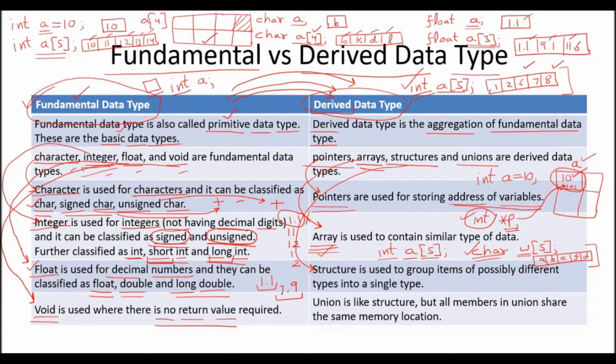Let us suppose these are the blocks 1, 2, 3, 4, 5, 6, 7, 8. Where can I declare the array? There are multiple options: I can declare these 4 elements in blocks 1, 2, 3 and 5, because block 4 is already filled, or I can declare it in 5, 6, 7, 8. Which one will be the better option?